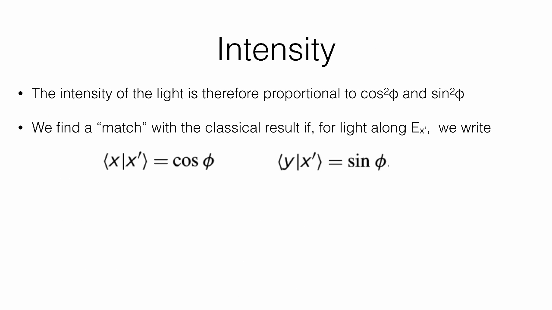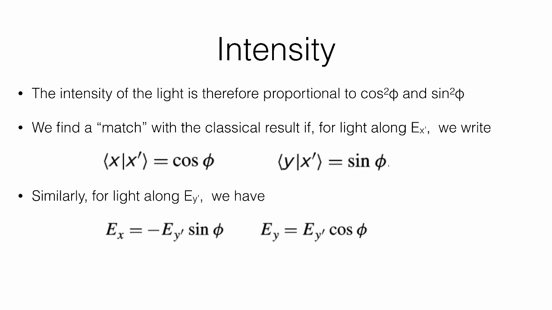We can actually go further than this, because we know that the intensity of the light will be proportional to cos square phi and sine square phi, which seems to mean that the coefficients of the probability amplitude should be cos phi and sine phi, since what we measure is the square of it, which is cos square and sine square. On top of that, we know that cos square and sine square add to 1, so we have a normalized state, which is not, again, very surprising.